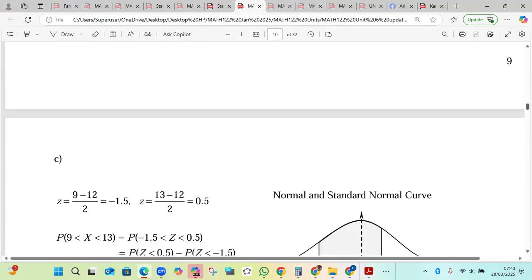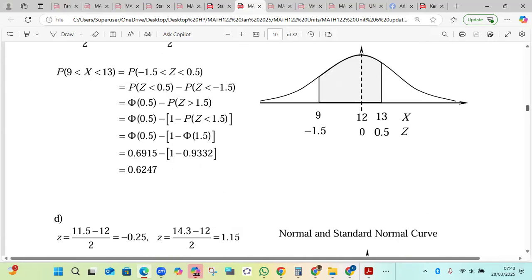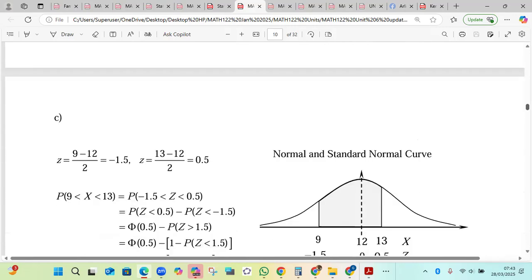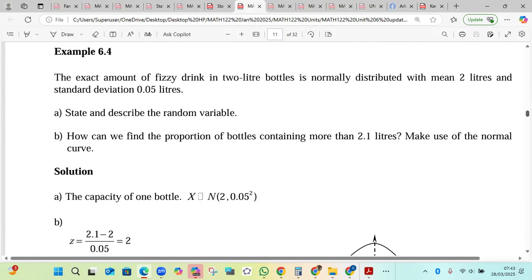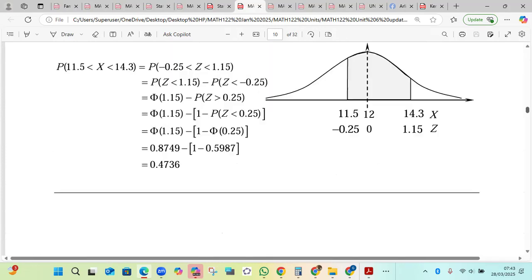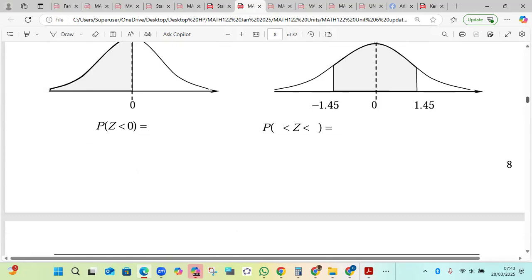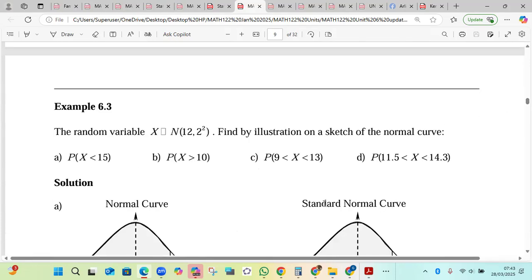And let's go down to page... These pages are used to learn how to use the standard normal table to obtain probability values. And take a look at example 6.3. So 6.3 is very similar to number 13.